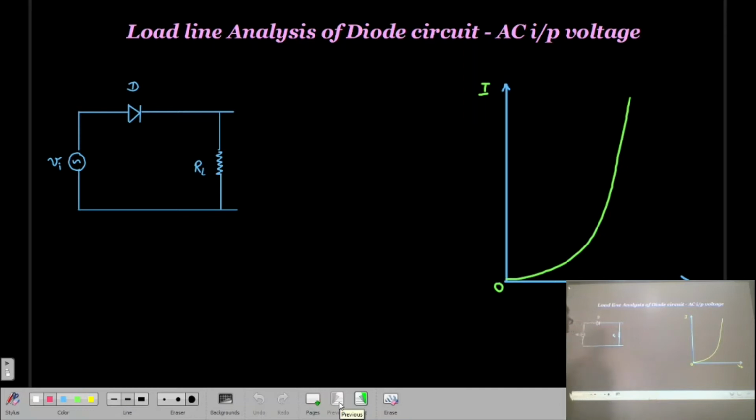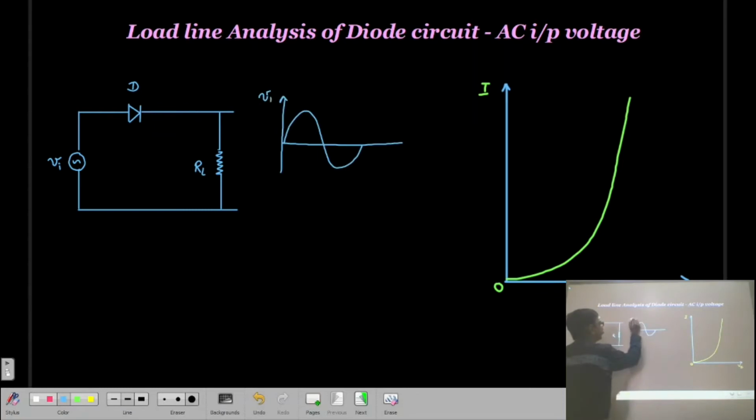Here you can see that we have applied an AC voltage. Now remember, this AC voltage is like this, Vi versus the time t. You can see this input voltage is continuously changing with the time t.